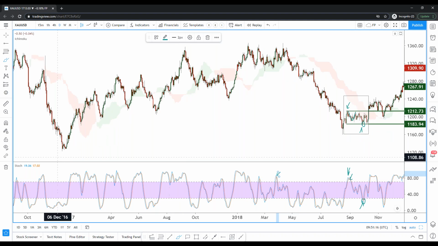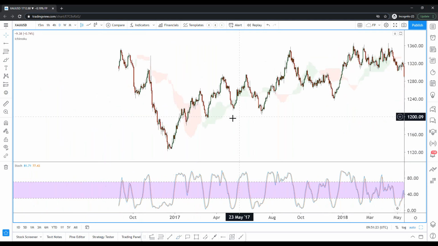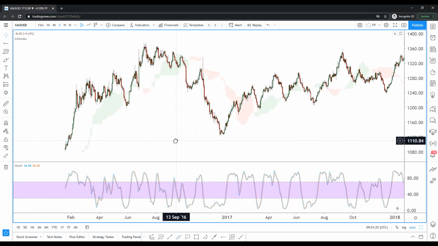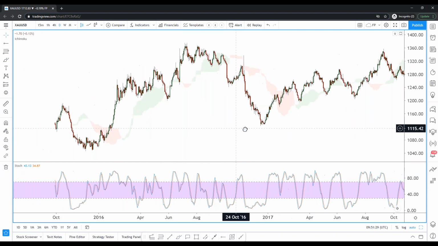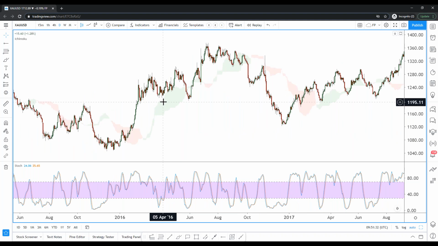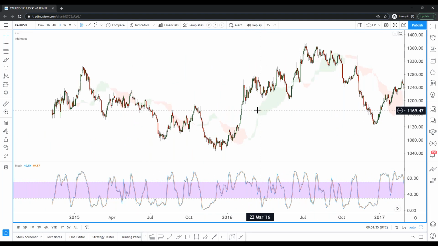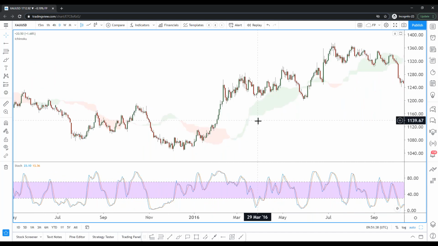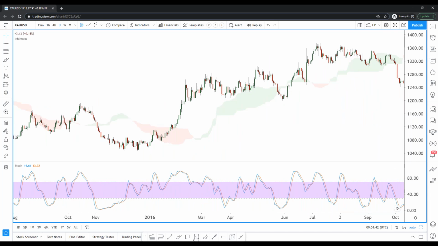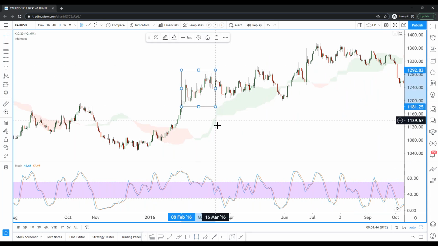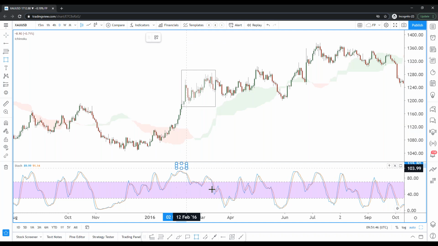The idea of divergence is when we are in, for example, a strong uptrend, so prices are pushing higher and higher, but what you're seeing on stochastics is that it's forming a lower high. This is an example of a divergence, so focus on this portion of the chart.